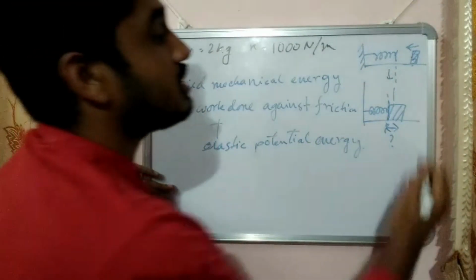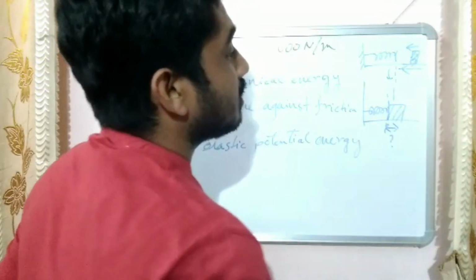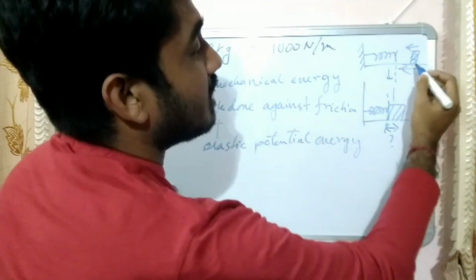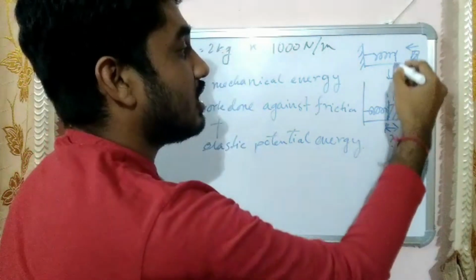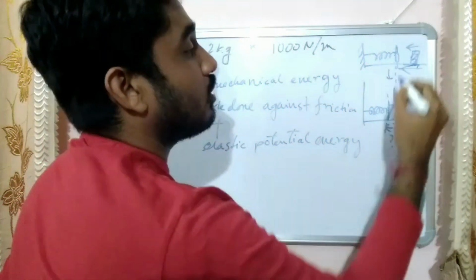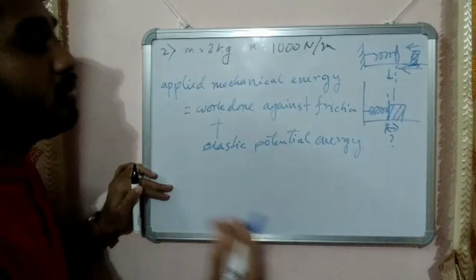The mass is traveling this way, so it is experiencing a friction force with the ground, and the potential energy of the spring will resist the block from moving forward.